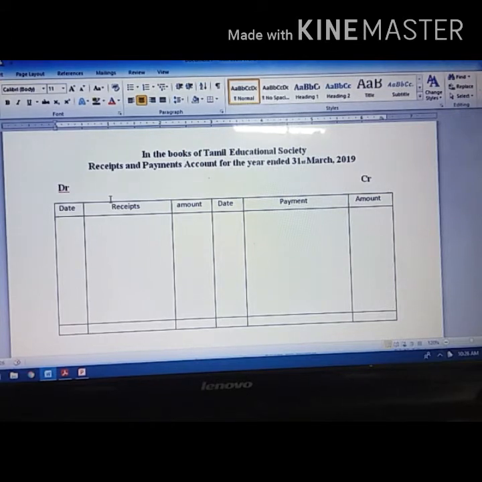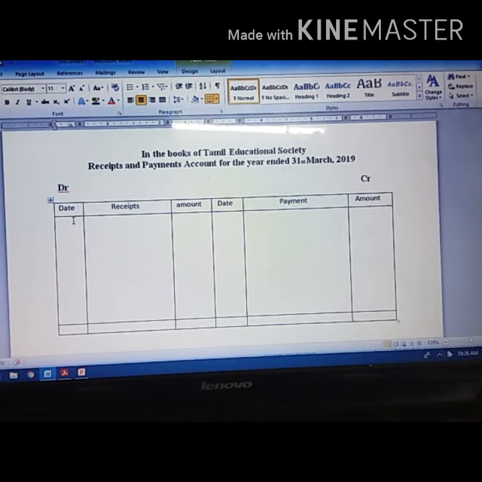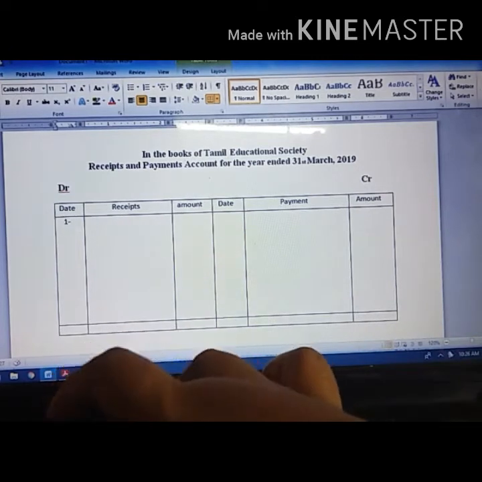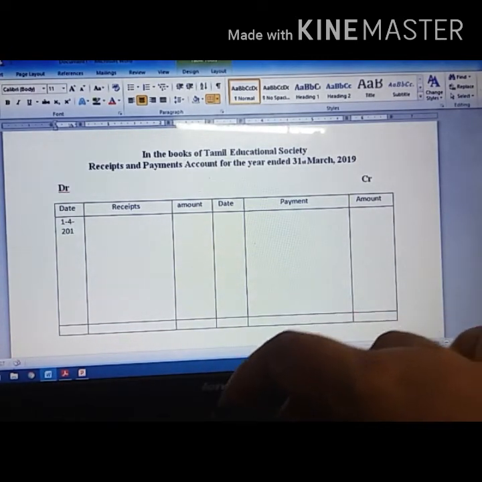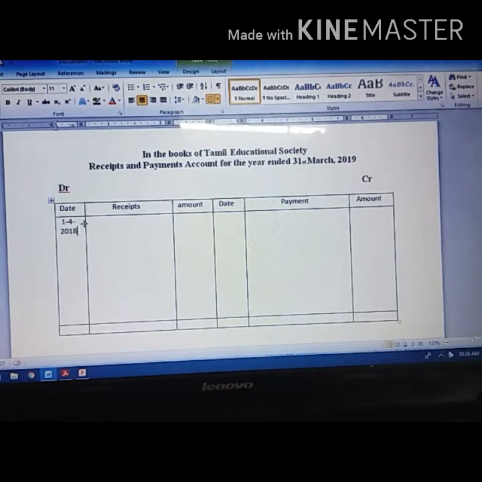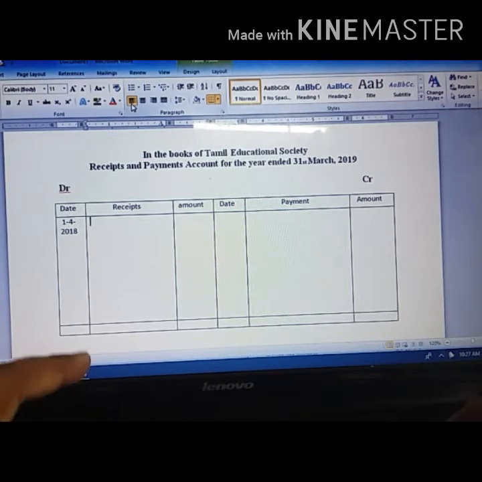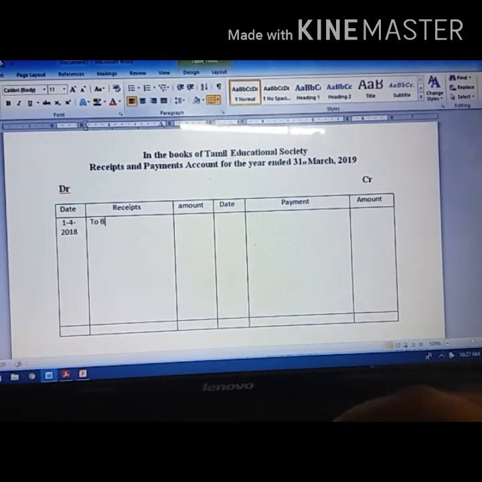So one by one we are going to enter. First, the opening cash balance of 1/4/2018. Whenever you have to write an opening balance, they give a date, so I have to write it in the date column, 1/4/2018. Then write opening cash balance as To balance B/D.